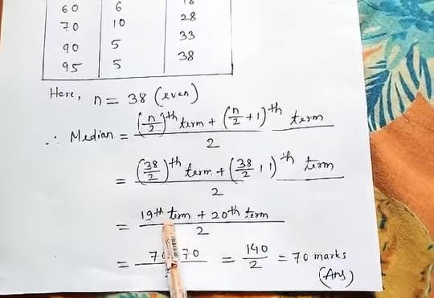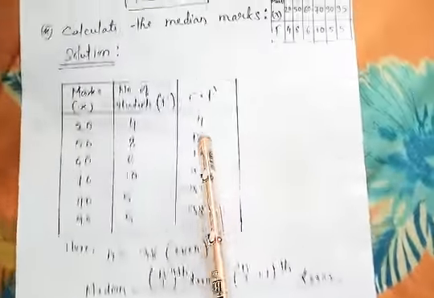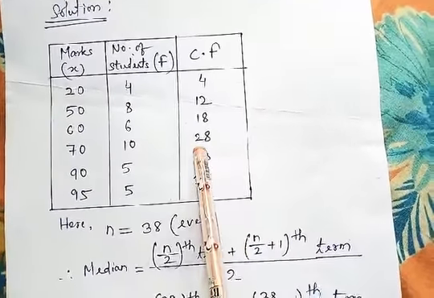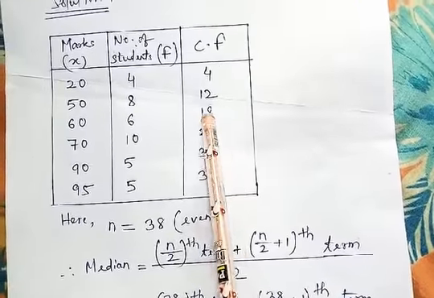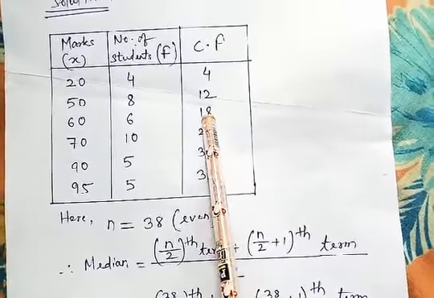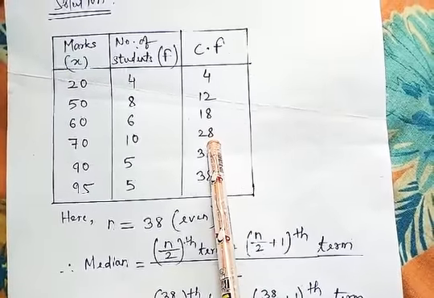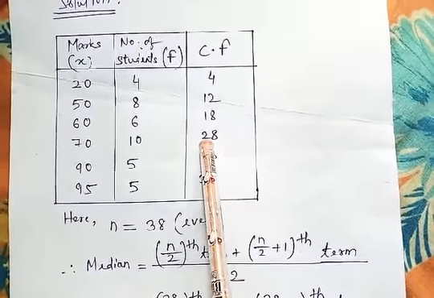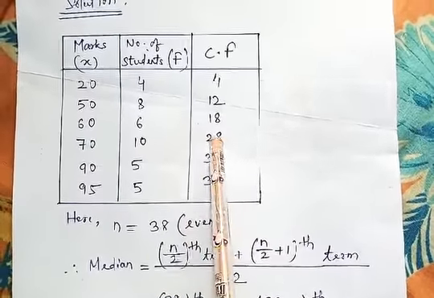When we reach this portion, we have to check the 19th term and 20th term from the cumulative frequency. The 19th term and 20th term will fall here because 18 is the last number before. 18 means 19, 20, 21, 22, 23, 24, 25, 26, 27, till the 28th term will fall in this row.